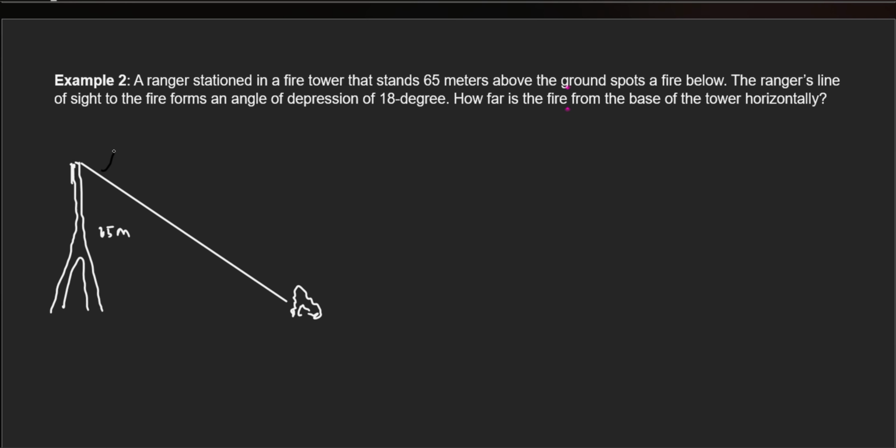So, this is our angle of depression, which is 18 degree. So, actually, in this problem, we have two possible solutions. So, ipakita ko lang later. So, this will be our first illustration.